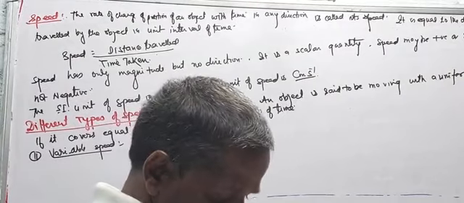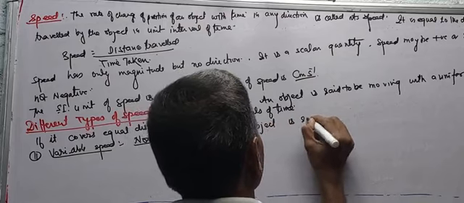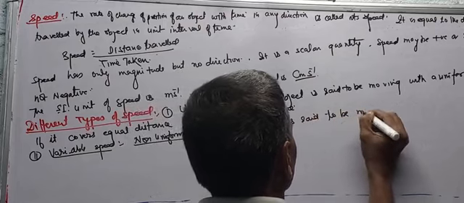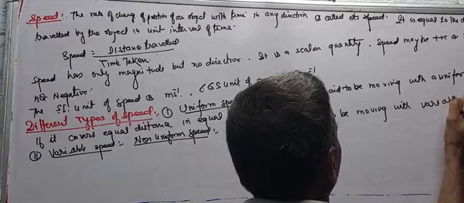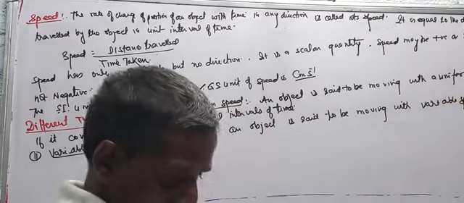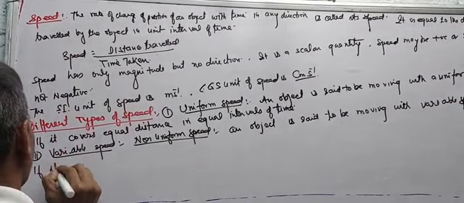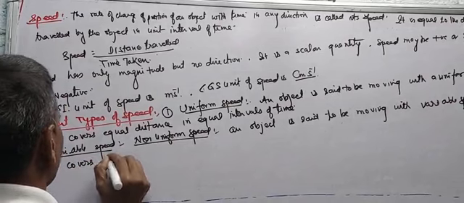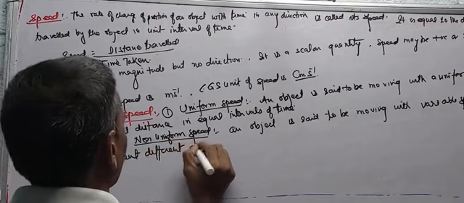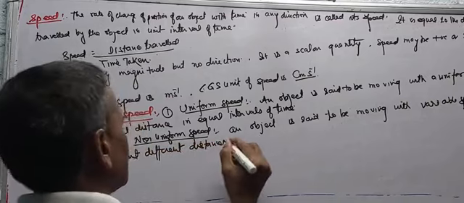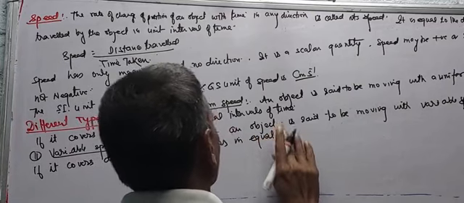An object is said to be moving with variable speed if it covers different distances in equal intervals of time.